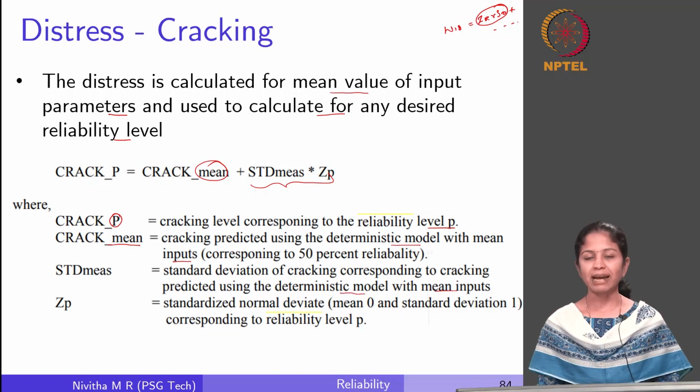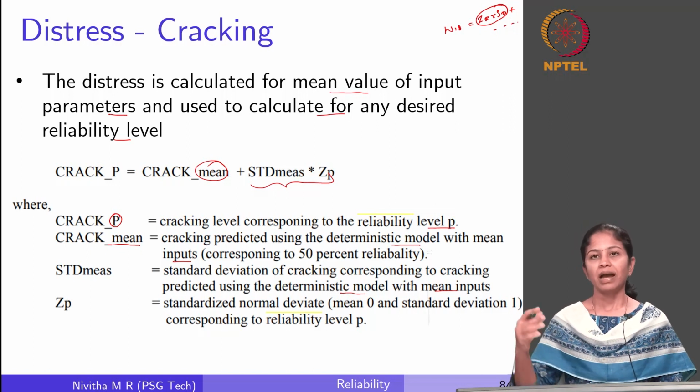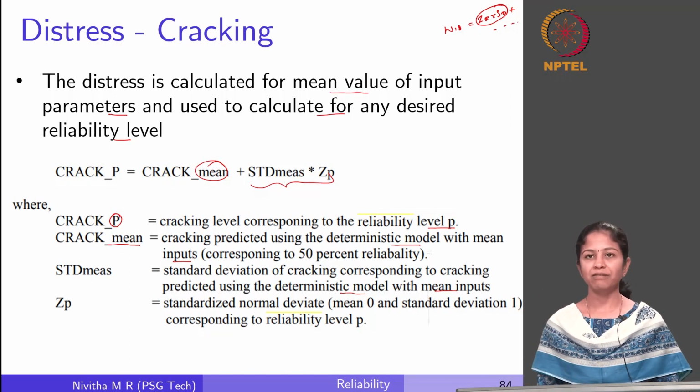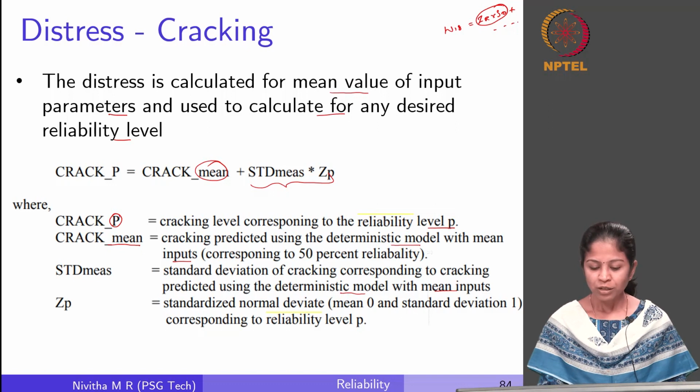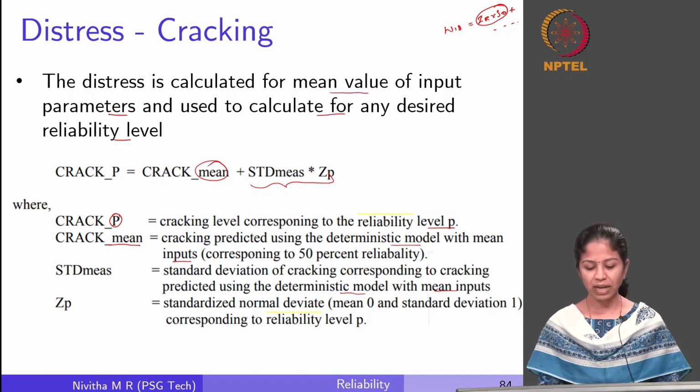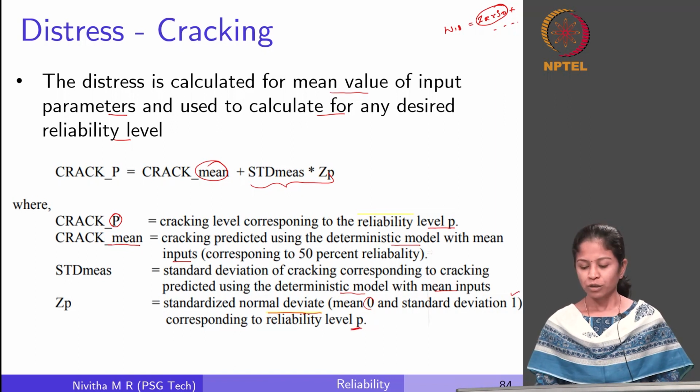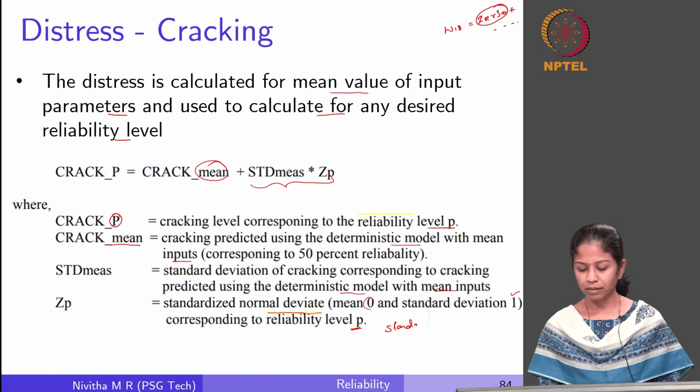So when I predict my cracking and I look at the values, I compute a standard deviation for the measured value. So this is the standard deviation of measured value, and we have a standardized normal deviate, right. It is with a mean 0 and standard deviation 1 corresponding to reliability level P. So we have a standard normal table.